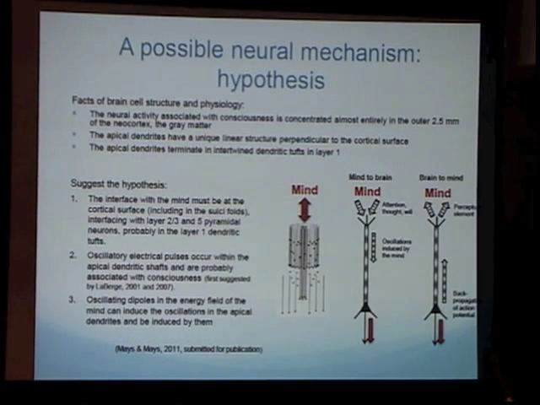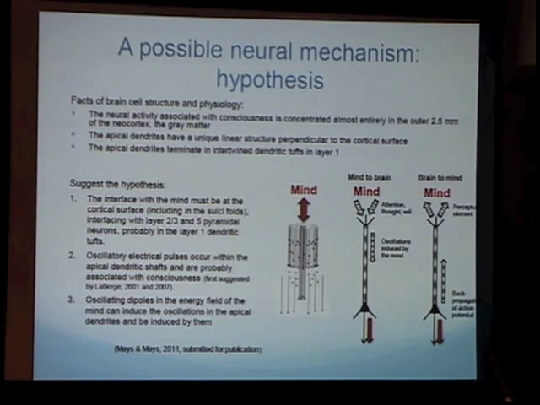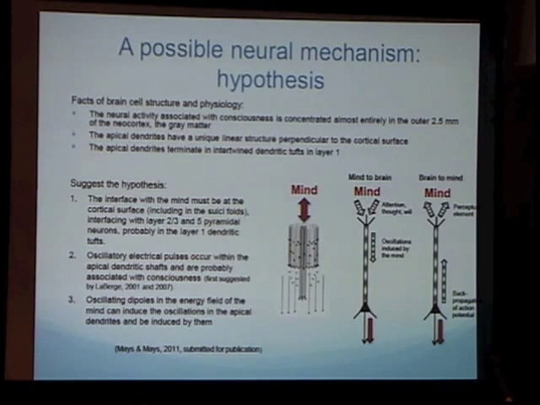All right, so how would it work? Well, another traditional neuroscience researcher noticed an association between attention, which is a conscious activity, and what was happening in these apical dendrites. At least he suggested that there could be oscillations of pulses in the apical dendrites.